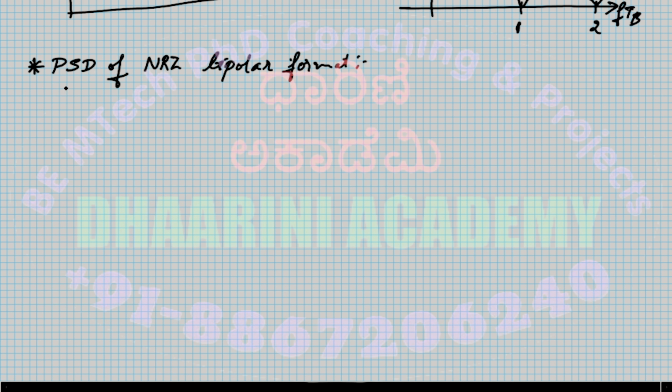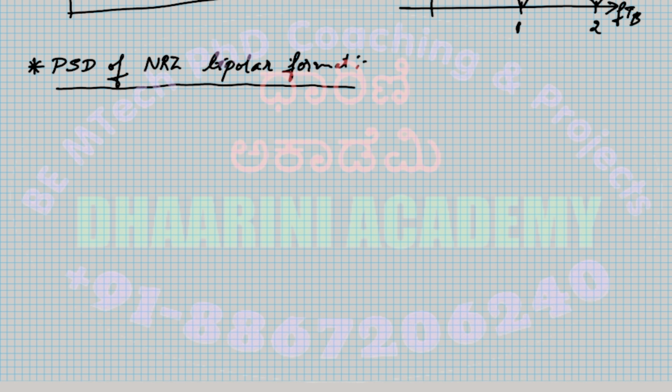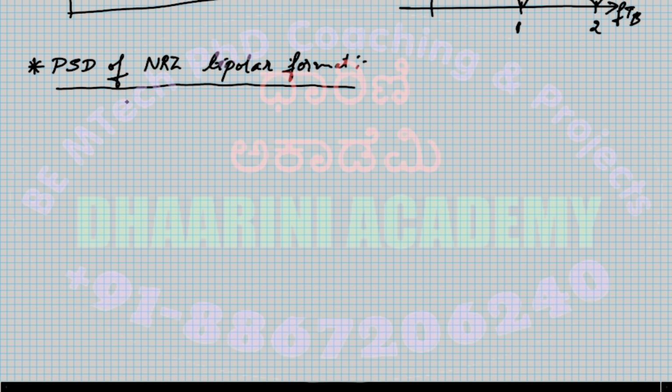If you remember, the term bipolar suggests that I need to use plus A and minus A for alternate ones, correct? Whenever I have two ones, they have to be represented by plus A and minus A, or plus 1 and minus 1. But 0 will be a 0.